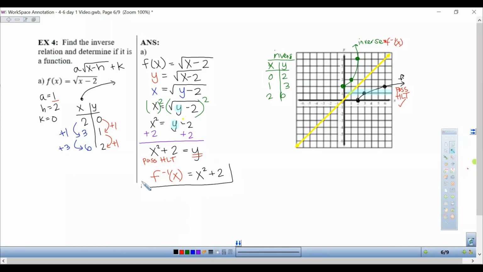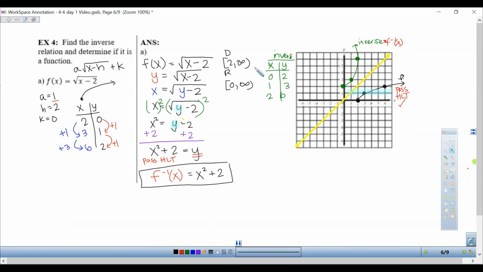So notice that our answer is quadratic, but our graph is only half of a quadratic. That's really just because when I start with a square root that has a set domain, remember that it has a domain from 2 to infinity and a range from 0 to infinity.